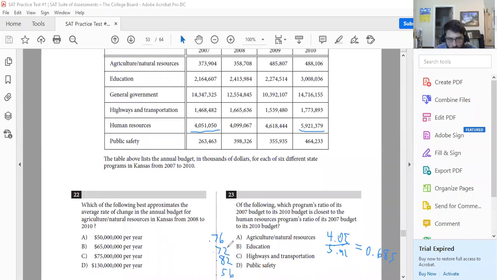So it looks like education is our winner, which I did say 2-to-3. Yeah. Let's clear that out and go to our next problem.